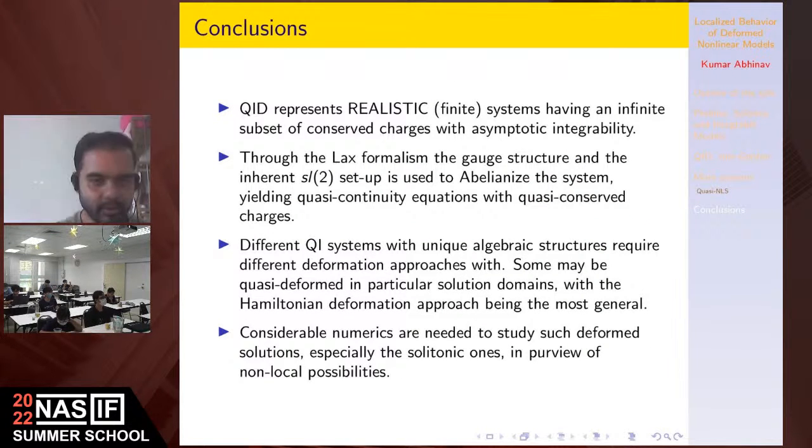So I conclude with this. All I discussed was that quasi-integrable deformation represents realistic systems, and the mechanism is that we use the Lax pair and the internal algebra to linearize the system to find quasi-conserved charges.